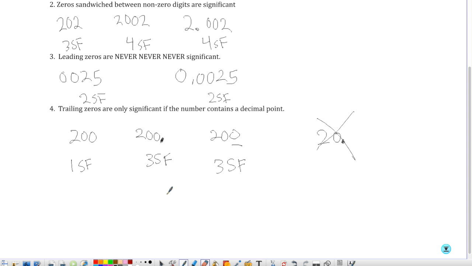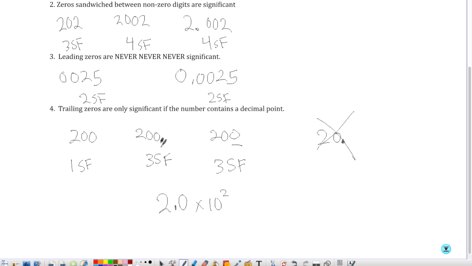Now, really the best way to do this is to use scientific notation. Now, this 0 is a trailing 0, okay? And there's a decimal point, which means it's significant, okay?